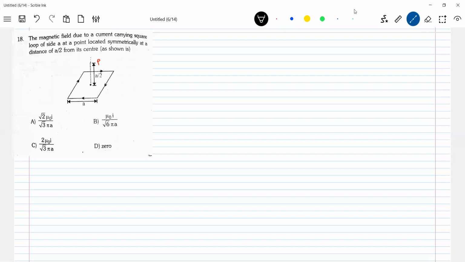Call this the axis here, on the axis at a distance a by 2, and let this be the center O. So I will construct this as a square.